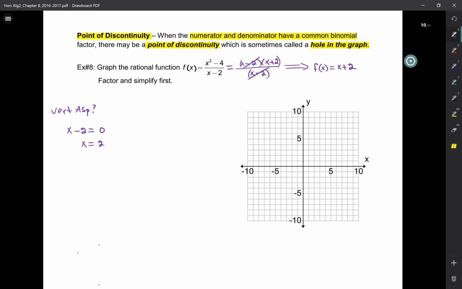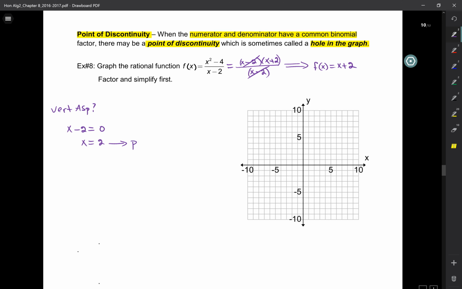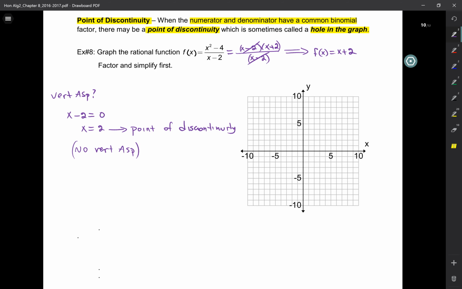So this is called a point of discontinuity. So there is no vertical asymptote. Is there a horizontal asymptote? No, because the denominator goes away, right?